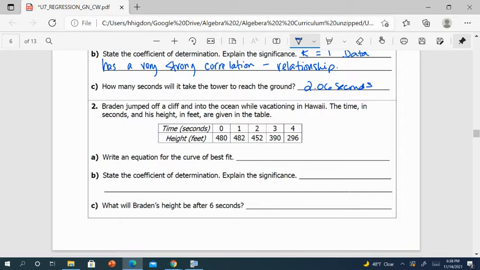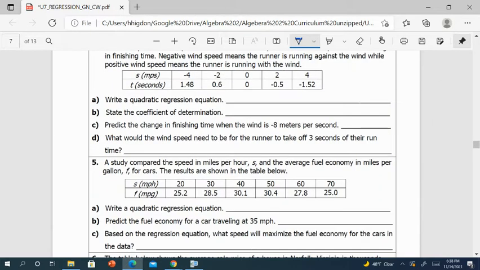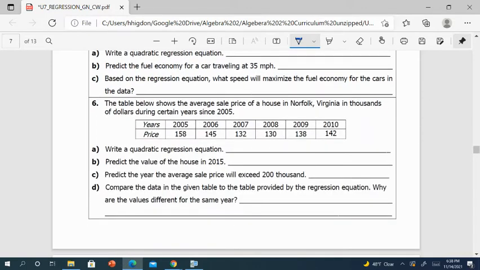Let's look at number, I'm going to jump over to number 6. The reason why I want to talk to you about number 6 is because the data here is given to you in terms of years. When we put these things into the calculator, typically we don't use years in the calculations.